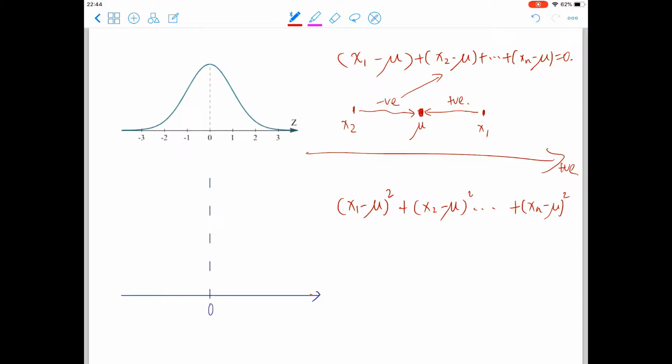First of all, from the normal distribution graph, we can see that it contains two parts. One part is the negative sign and one part is the positive sign. And if I have a number subtract the mu and I get another result, it may be positive or it may be negative, so it may have different results in the graph.